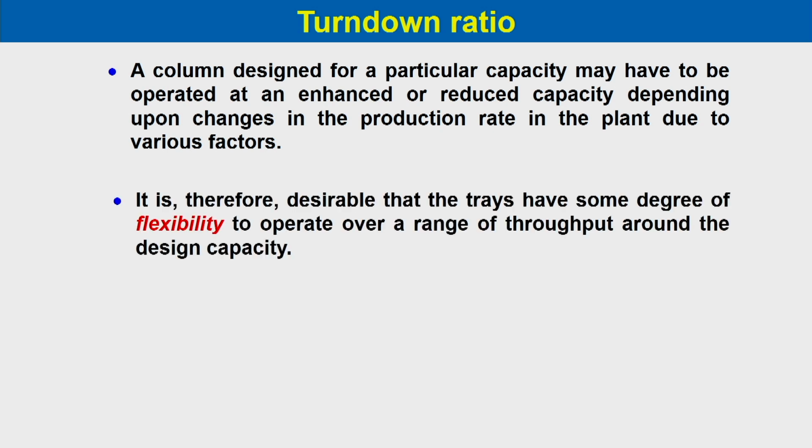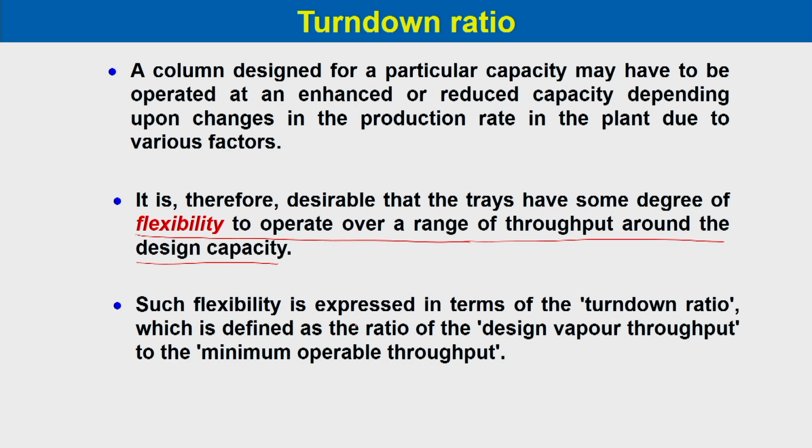It is therefore desirable that the trays have some degree of flexibility to operate over a range of throughput around the design capacity. Such flexibility is expressed in terms of turn down ratio, which is defined as the ratio of the design vapor throughput to the minimum operable throughput.